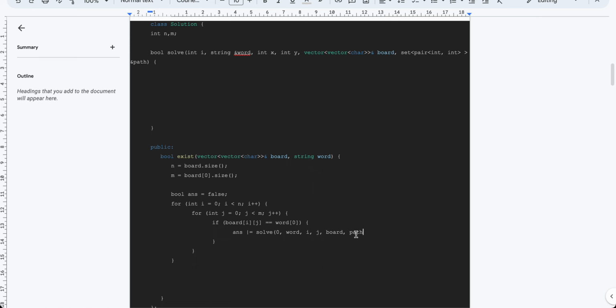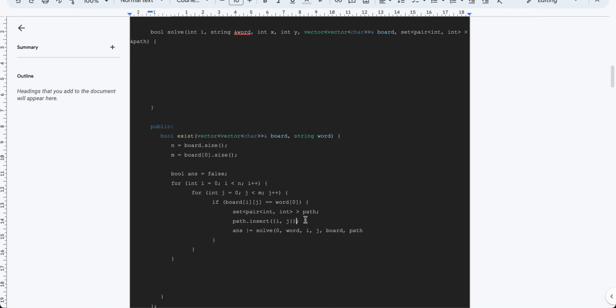Okay, inside the path I need to insert, every time there is a match, a set of pair of integer to integer, path dot insert what?